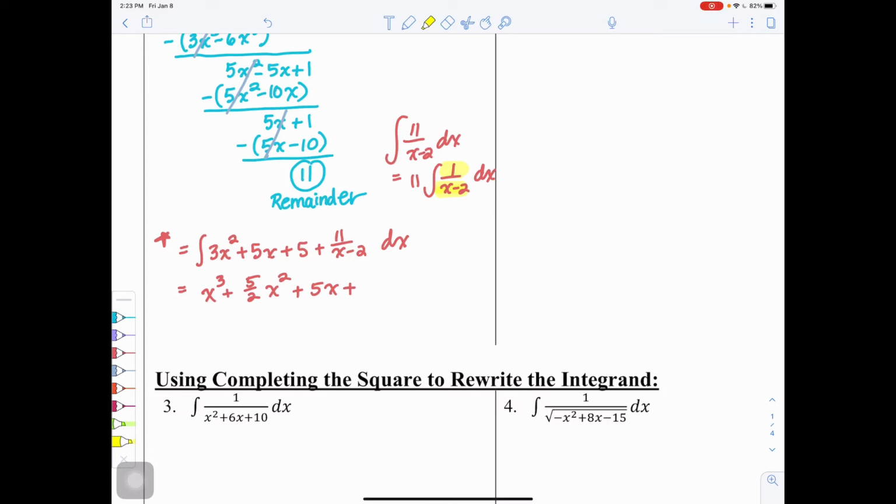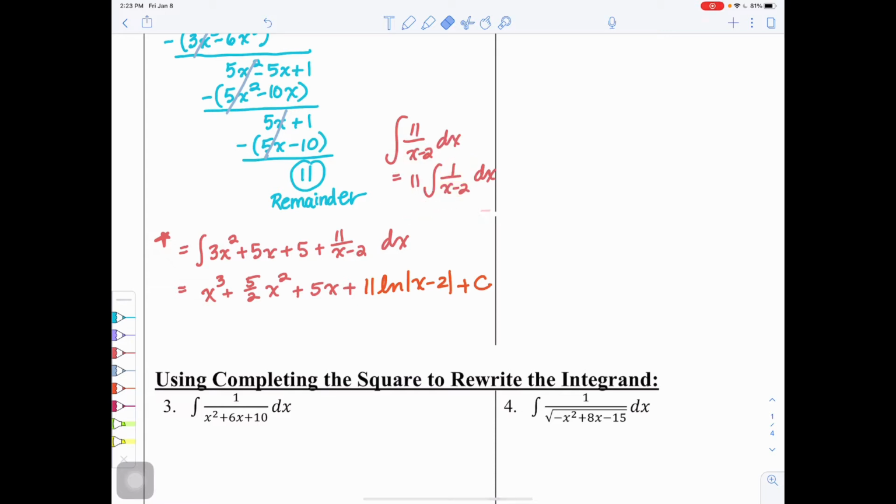The derivative of x minus 2 is 1 dx. So we would have this equal to 11 ln absolute value of x minus 2, plus a constant. So that's what we have here, 11 ln absolute value of x minus 2, plus a constant. And this is just that one term. So I'm going to go ahead and erase this.